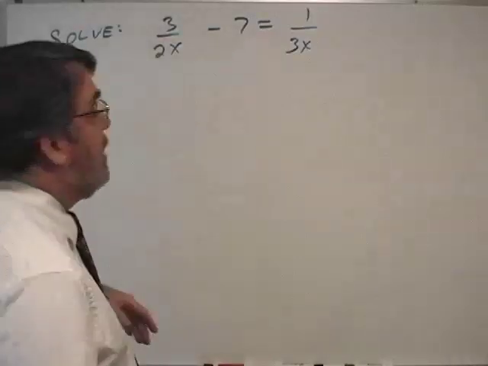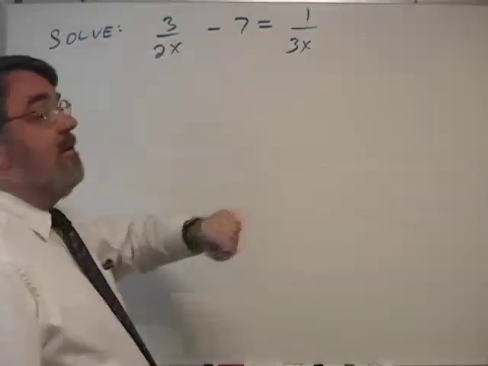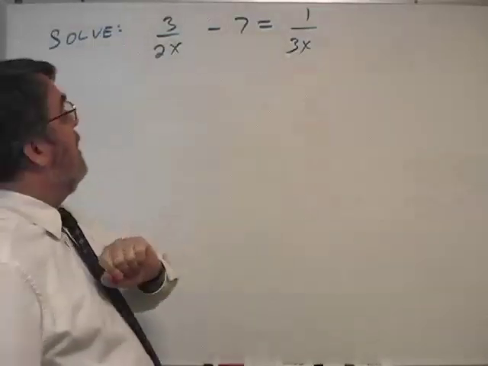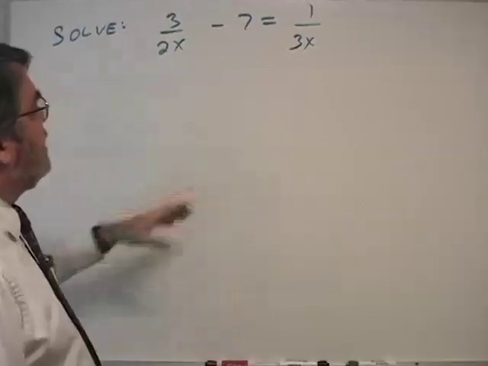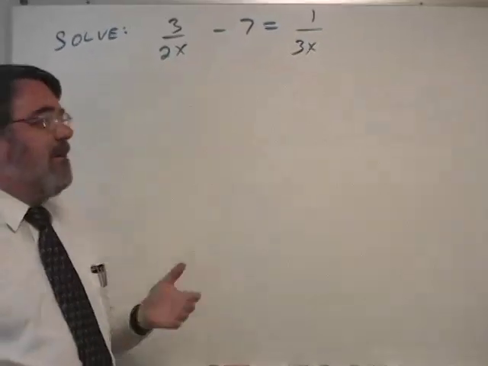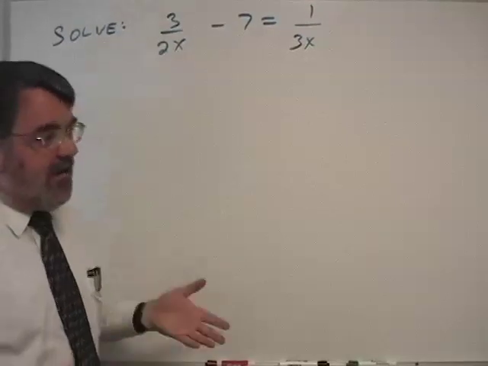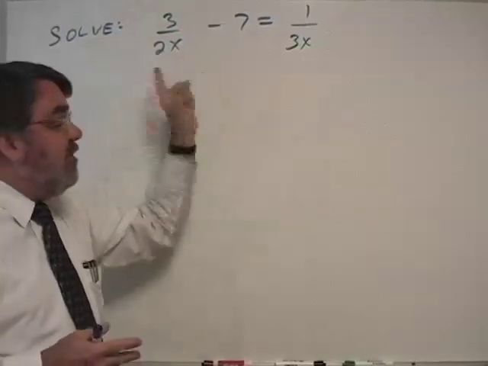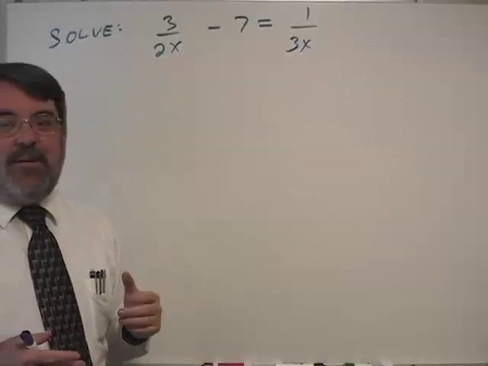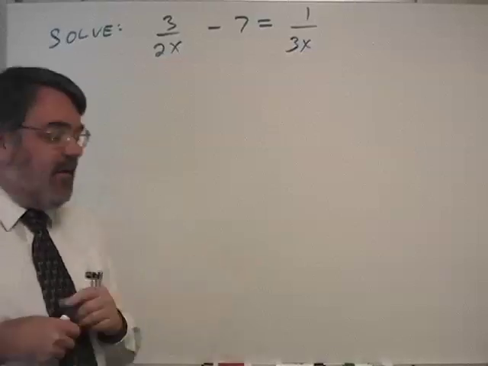So here we're looking at denominators of 2x and 3x, and 7 is also a fraction. It's 7 over 1, but its denominator of 1 is not going to help us as far as finding a common denominator. So between 3x and 2x, the common denominator would be 6x, wouldn't it?